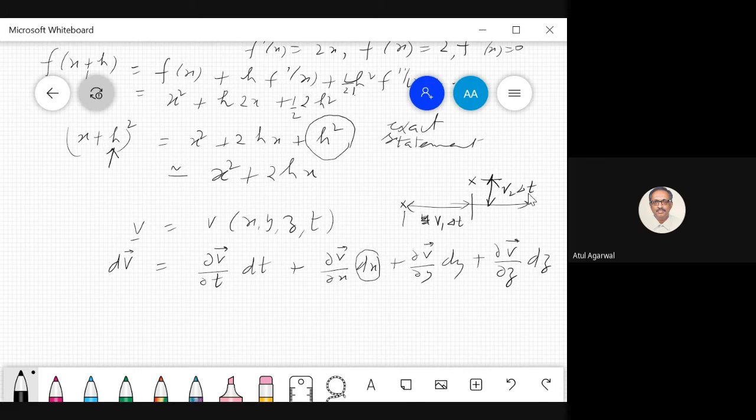Can you see this? Yes. So your velocity is basically v1, v2, v3, three components. So this you can write as del v by del t.